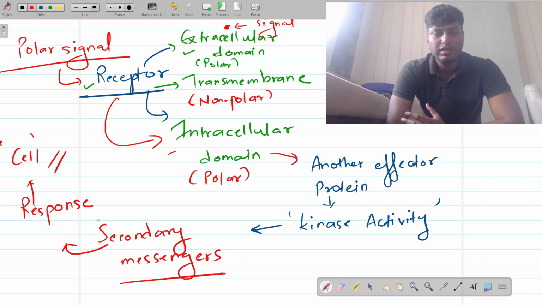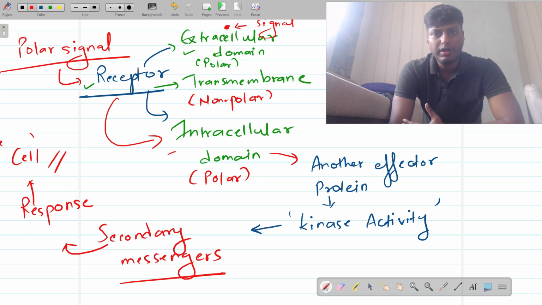Once the signal gets associated with the extracellular domain, the intracellular domain is going to get activated. This intracellular domain has another effector protein which often has a kinase activity. So these effector proteins get activated, and then they activate certain other molecules inside the cell which are called secondary messengers, and these secondary messengers are going to show a response in the cell.